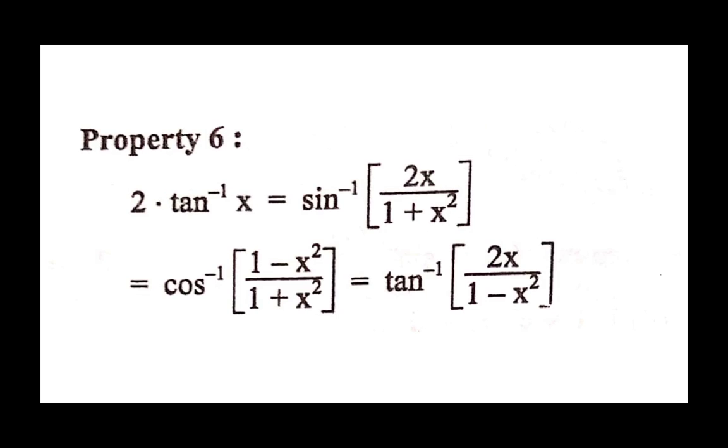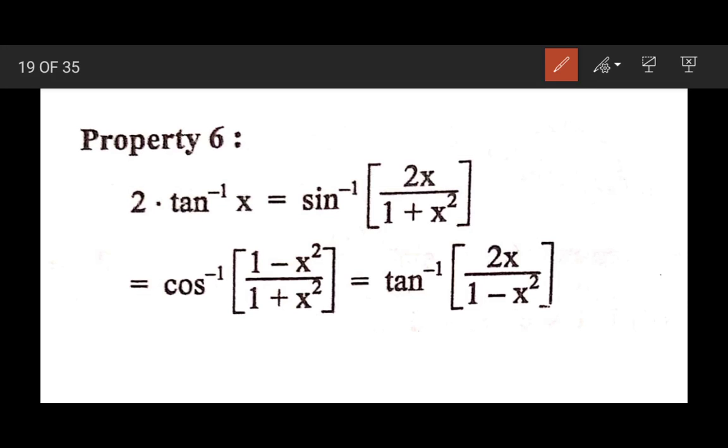Now property number 6 is 2 into tan inverse x is equal to sin inverse of 2x upon (1 plus x square), which is also equal to cos inverse of (1 minus x square) upon (1 plus x square), and that is also equal to tan inverse of 2x upon (1 minus x square).